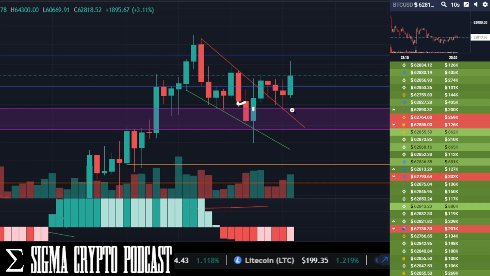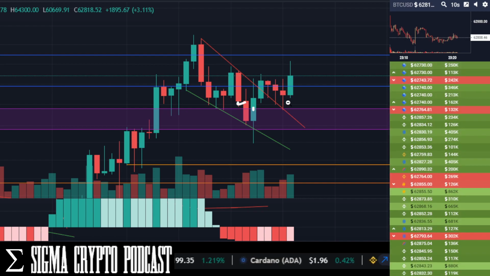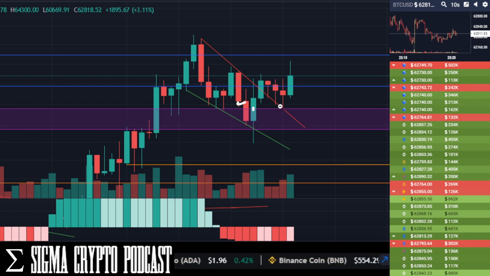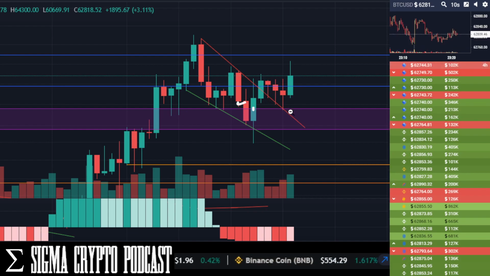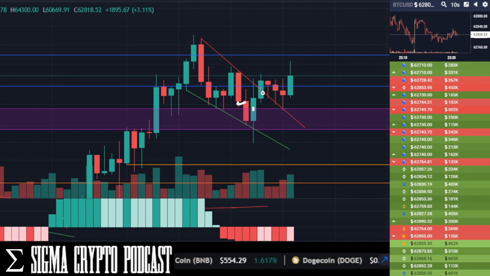And then you can look at this back test once it broke out on the three falling methods, right? 3 rising methods. Yeah, the 3 rising methods. On each bottom wick of the 3 rising methods, you had a back test that was in confluence with the demand line of the falling wedge.